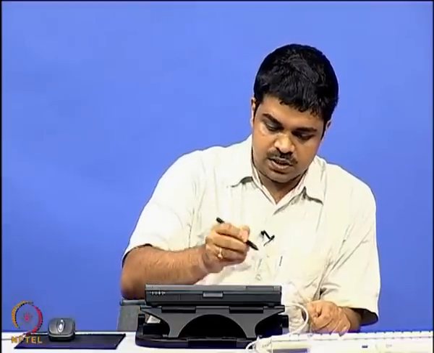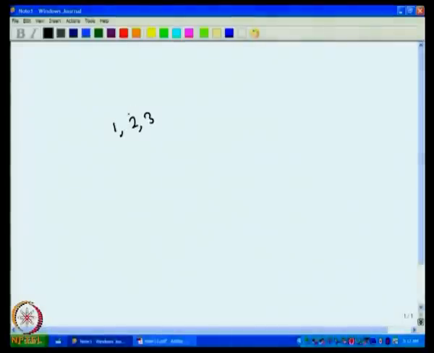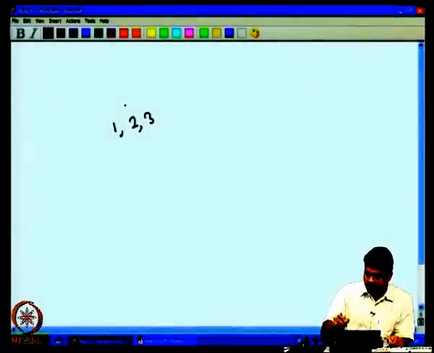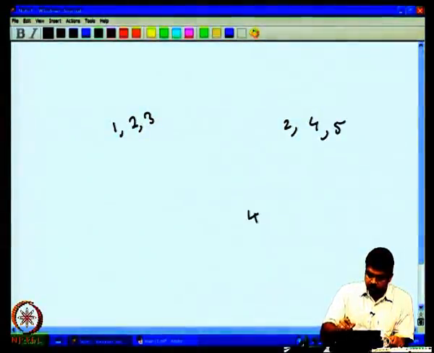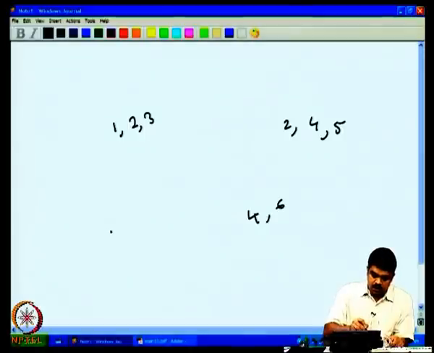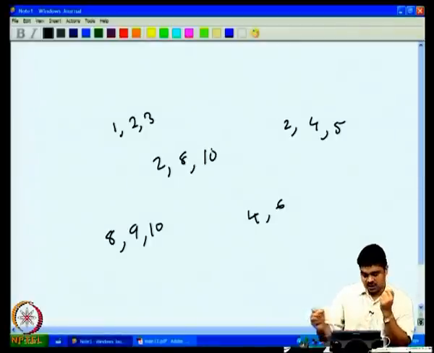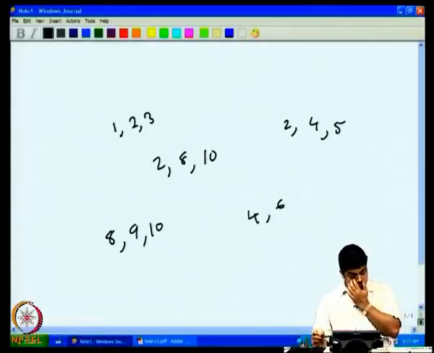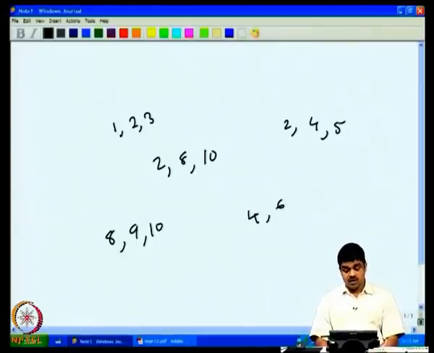Person number 1, 2, 3 belongs to a committee, and say 2, 4, 5 belongs to another committee, say 4 and 6 form another committee, 8, 9, 10 forms another committee, and 2, 8, 10 forms another committee, like this. Now, these committees meet. When a committee meets, it takes about 1 day to finish, a full day meeting.